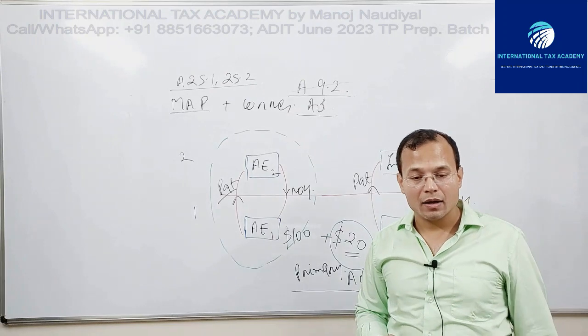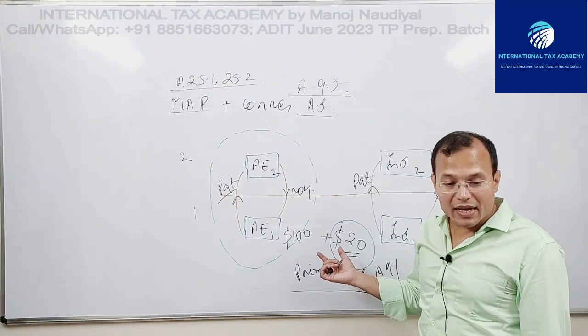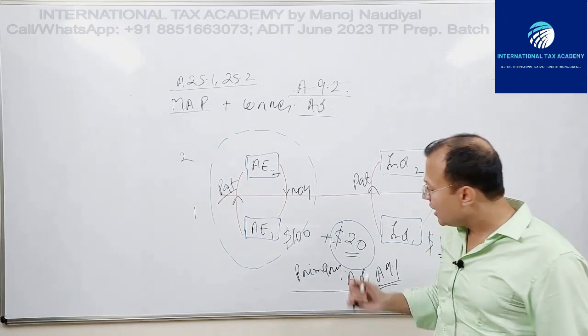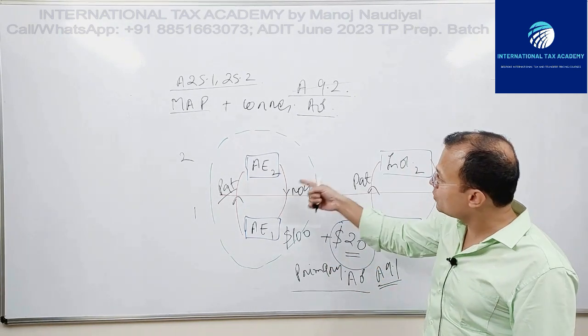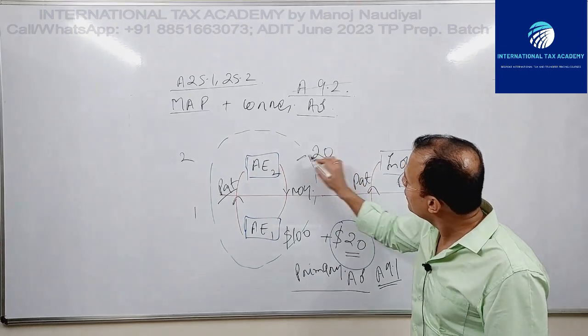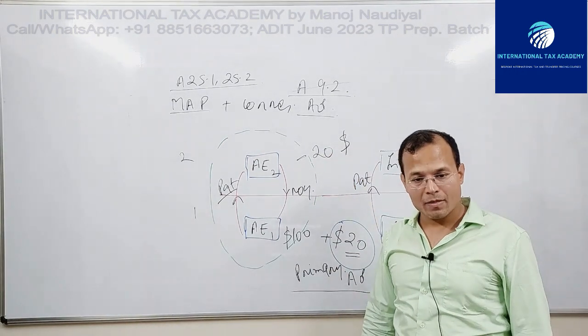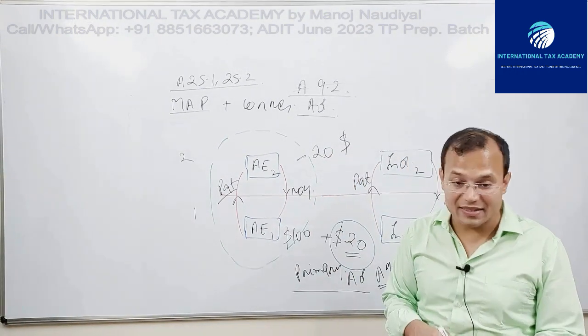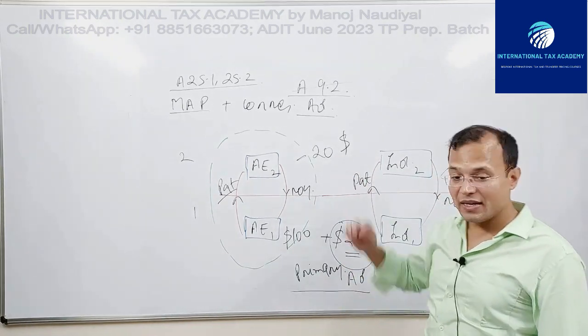But if you add plus 20 here, there has to be consistency. If you add plus 20 here, there has to be minus 20 here, because only then will you achieve consistency. Plus 20 here, minus 20 here.